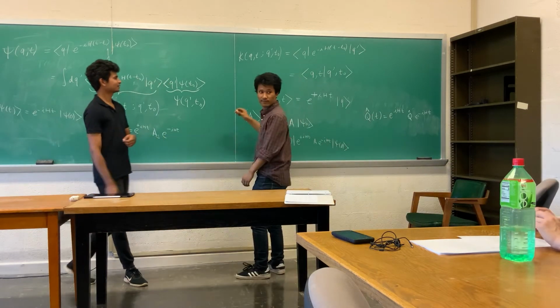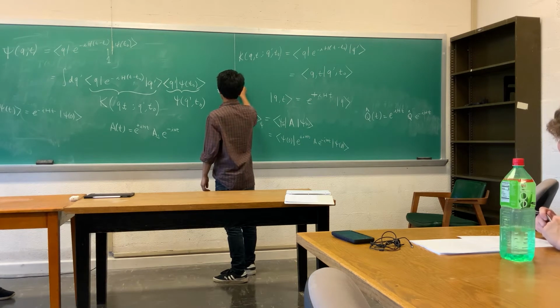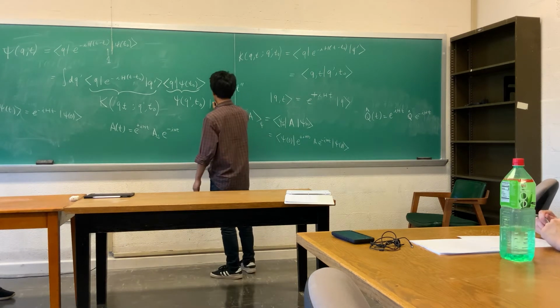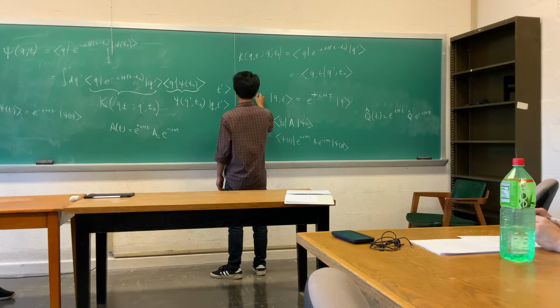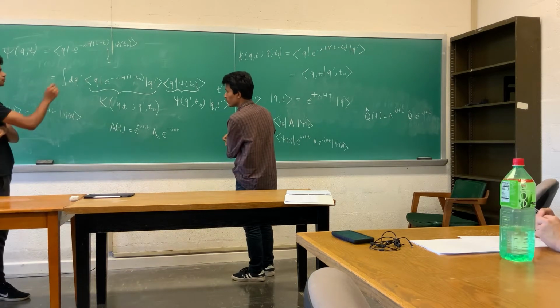Now for demonstration, that's what I'm trying to get. At this time Q, they may not be the same. You write the other one as Q double prime, Q prime.